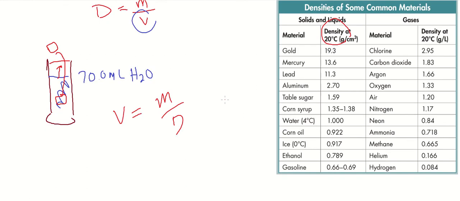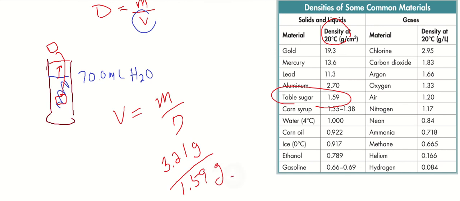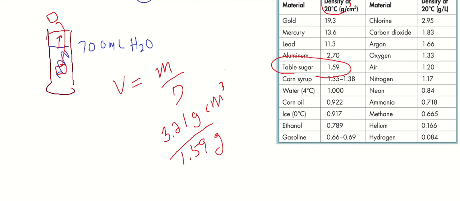So the mass is 3.21 grams, and the density is 1.59 grams per cubic centimeter. It's like a complex fraction there, so I'm going to put that up here, or reciprocate it. Let's punch these in our calculators.